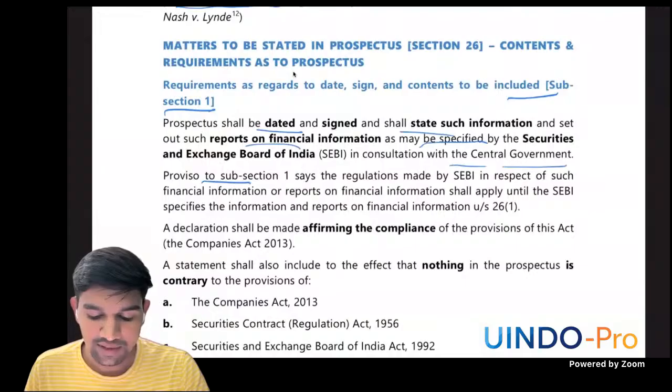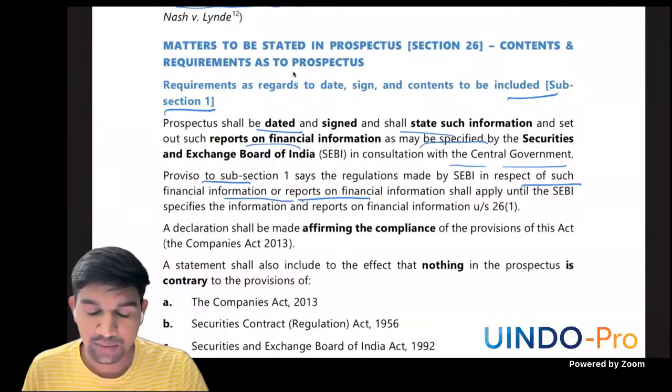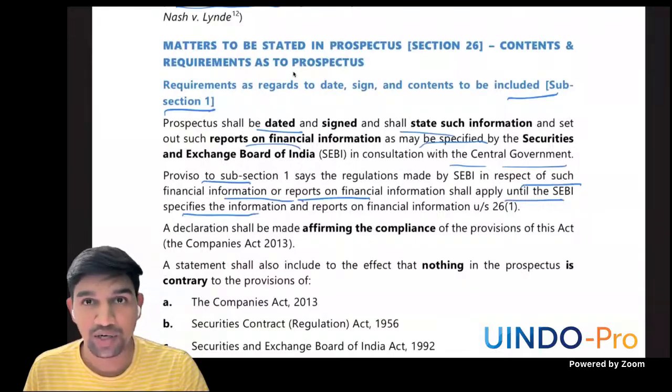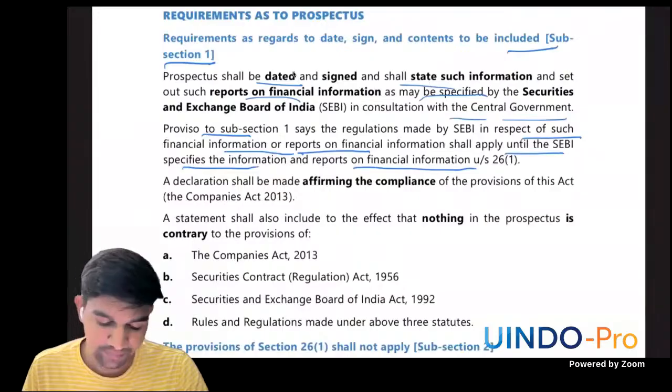The proviso to subsection 1 says the regulations made by SEBI in respect of such financial information or reports on financial information shall apply until SEBI specifies the information and reports on financial information under Section 26, subsection 1.